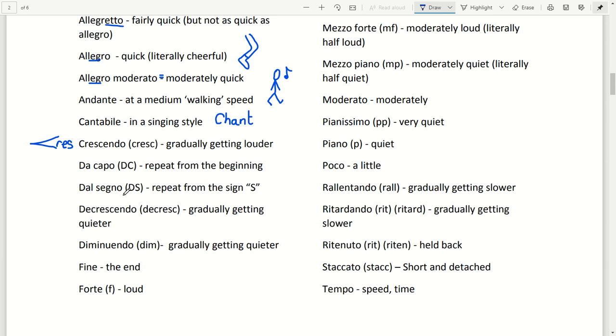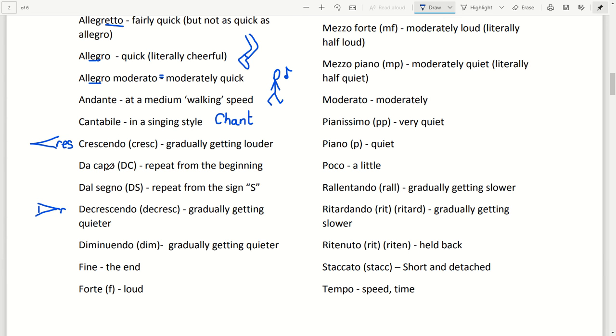If you had this one, you know that crescendo is getting bigger, and decrescendo, just putting the D in the front of it. I guess you could have the hairpins and turn that into a D, but I think it's easier just to remember that decrescendo is just the opposite of crescendo.